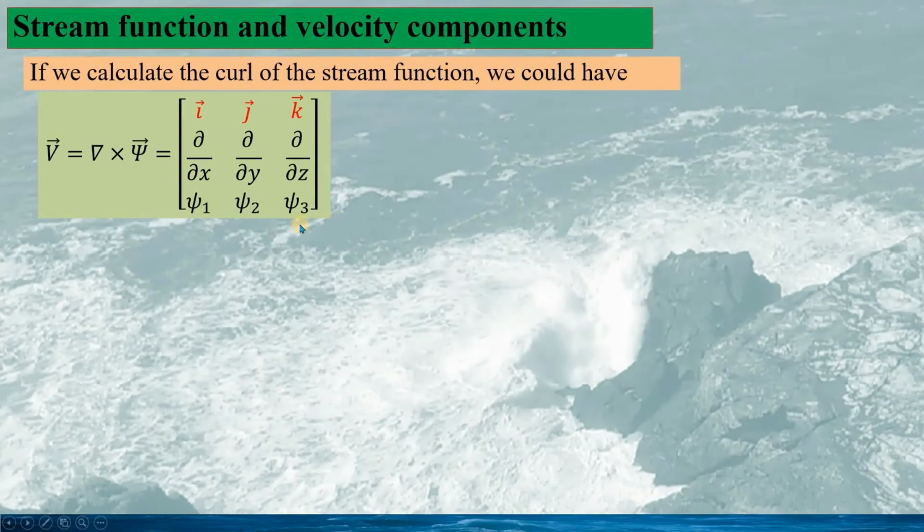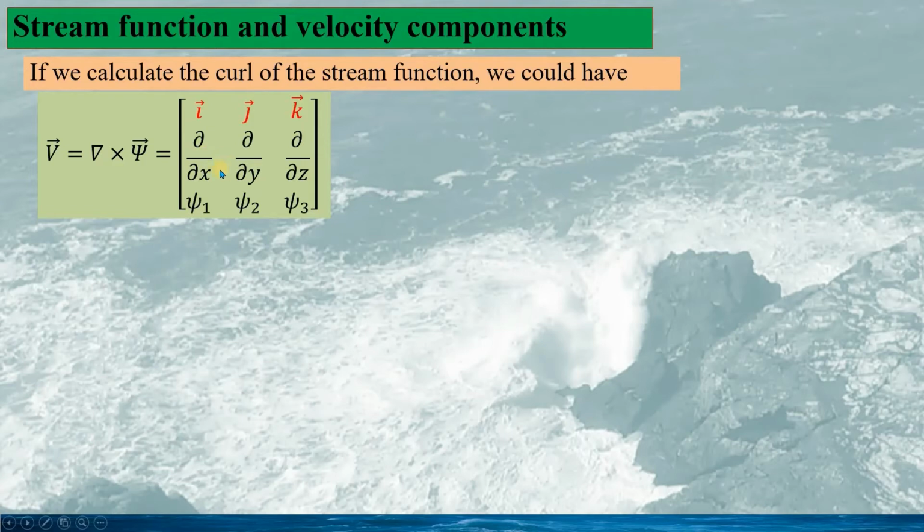Here we can calculate the curl of the stream function in the Cartesian coordinate. The curl of the stream function would be calculated given as this. Here again, the unit vectors i, j, k are the unit vectors along x-axis, y-axis, and z-axis respectively.